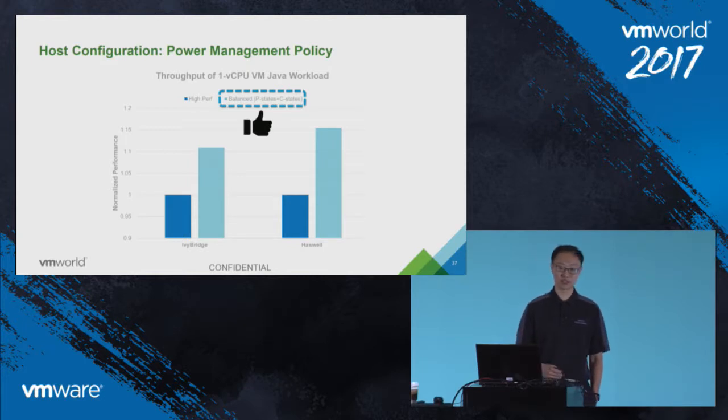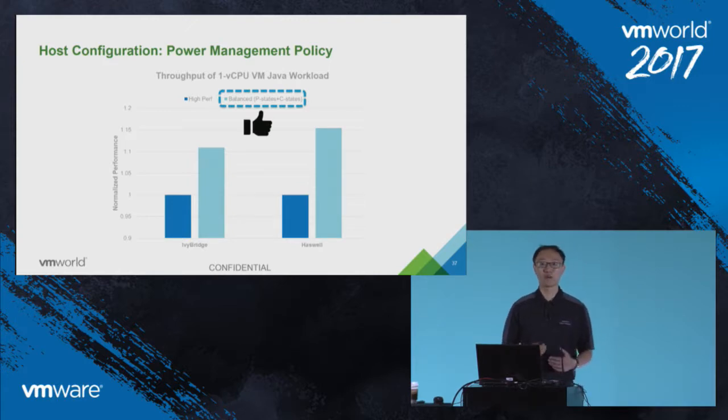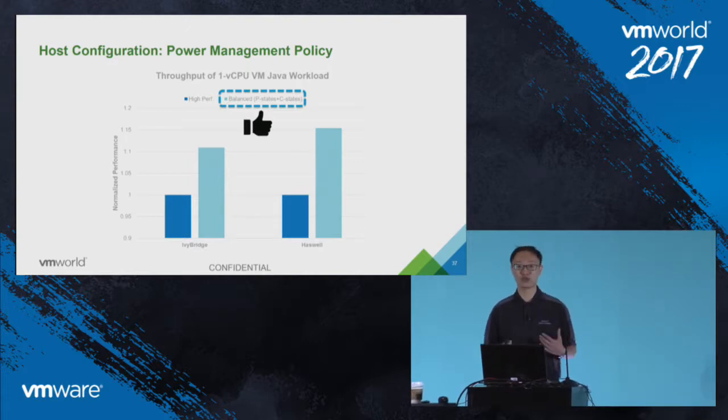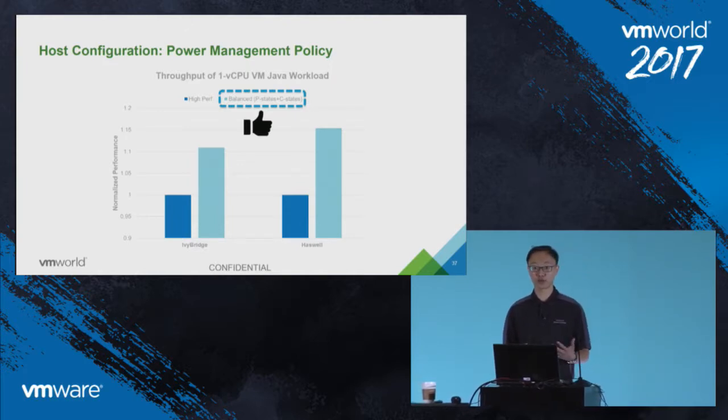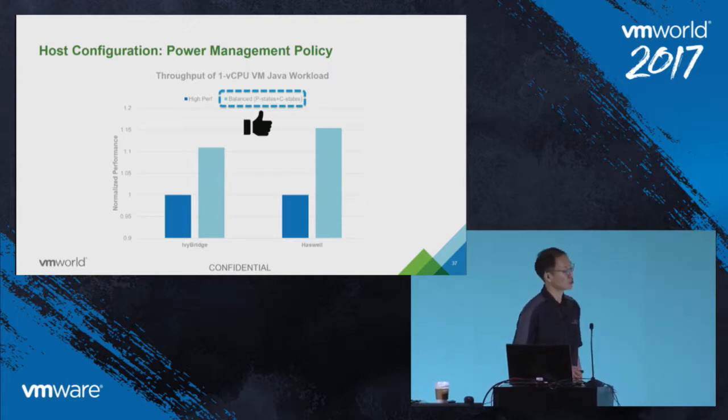If you go to a deeper sleep state, you save more power so you can turbo more, and this improvement is based on how much turbo you can get. The balanced policy gives you a better turbo response because we take the scheduler into account. We know that you slept for, say, 10 seconds during the last period, so you're probably not going to wake up frequently, and that puts you into the deeper sleep state. So try the balanced policy, and it will probably give you better performance going forward.